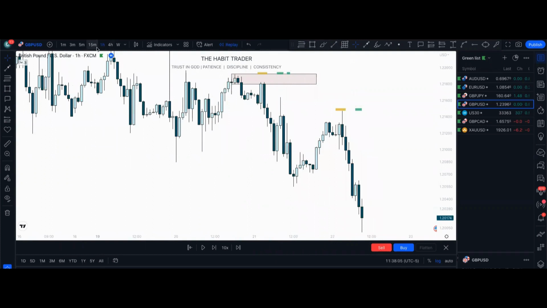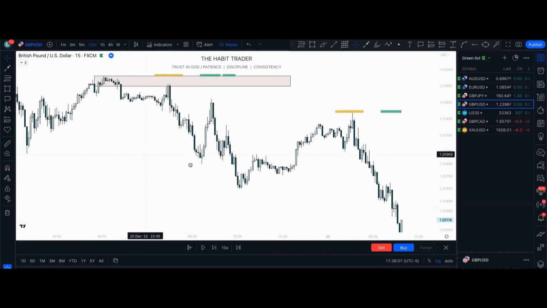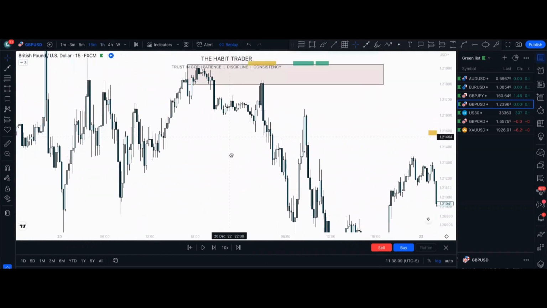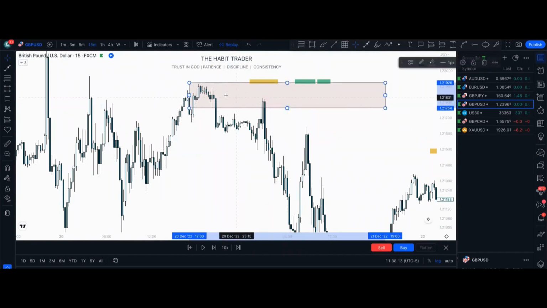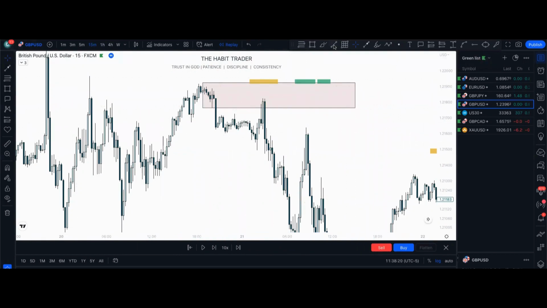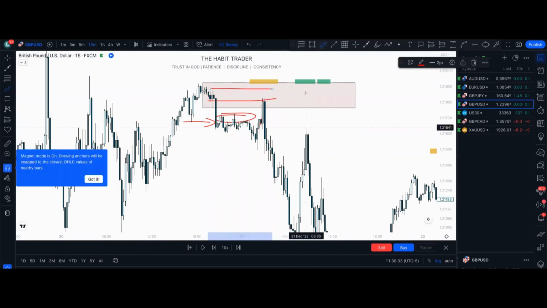If you try to look at this in the lower time frame, there's a lot of breaks to the downside. So this one is a clear indication that it broke this low here and created an internal liquidity, went upside, and respected this supply area here.